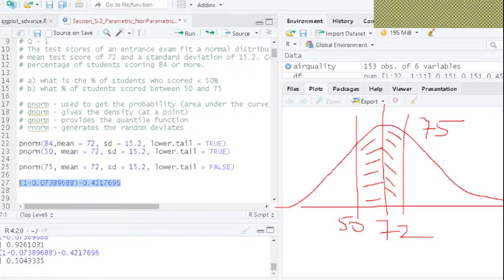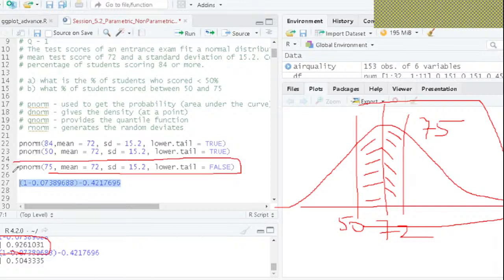Now I've already calculated the area on the lower side of 50. What was it? It was 0.0738, right? So on the upper side of 50, I'll calculate this entire area, which comes to be 0.92. From that area, I subtract the area on the upper side of 72.